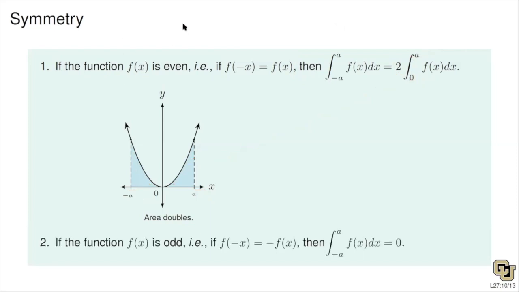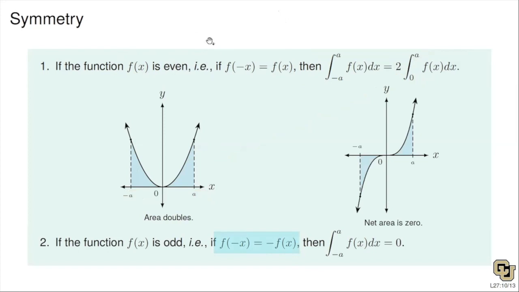The other scenario is when we have an odd function. So here, if f of negative x equals negative f of x, and we're integrating from negative a to a, you can see that the net area on the left and the net area on the right are going to cancel. The net area on the left is a negative number. It's negative whatever this area is.